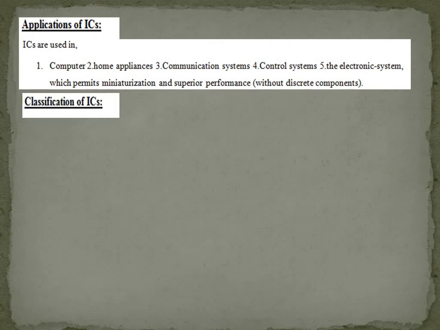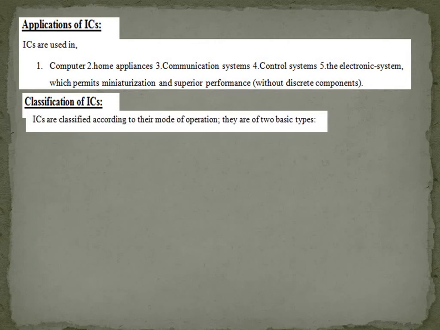Now let us see the classifications of IC. The ICs are classified into 2 to 3 categories based on several parameters. Now let us see the first one. According to the mode of operation, the ICs are classified into 2 types. The first one is analog ICs, otherwise called linear ICs. The second category is digital ICs.